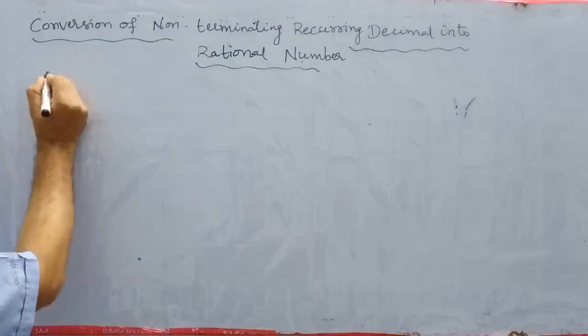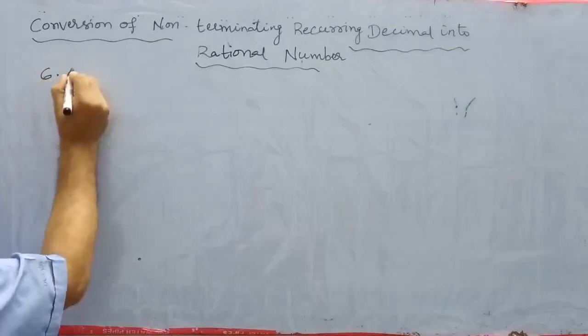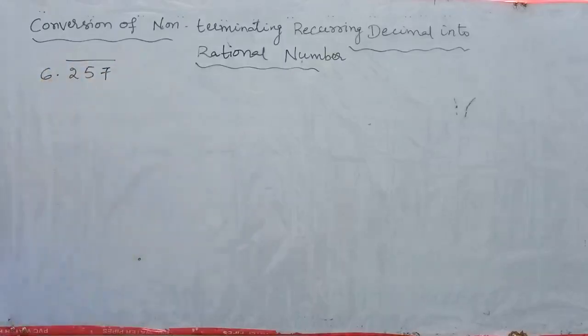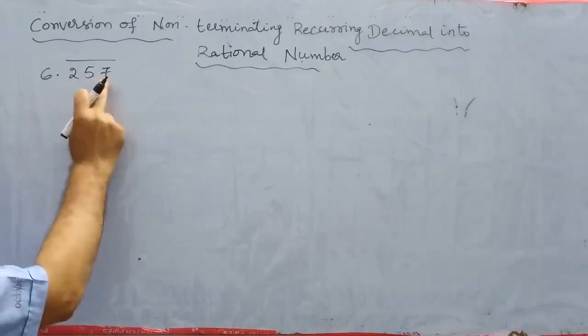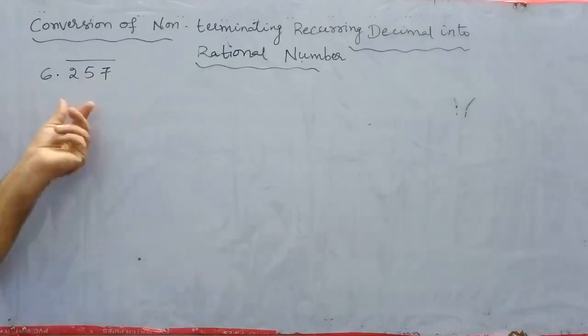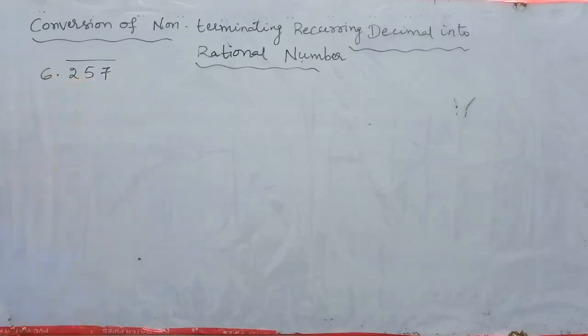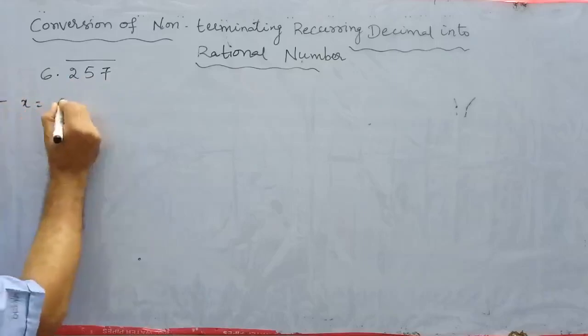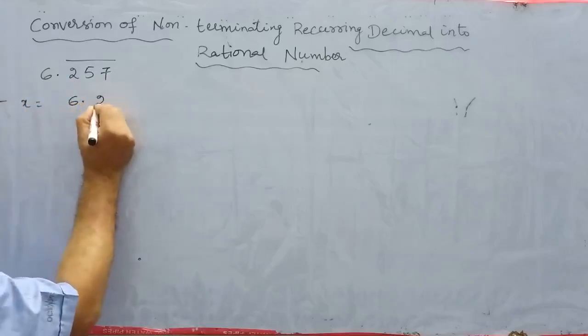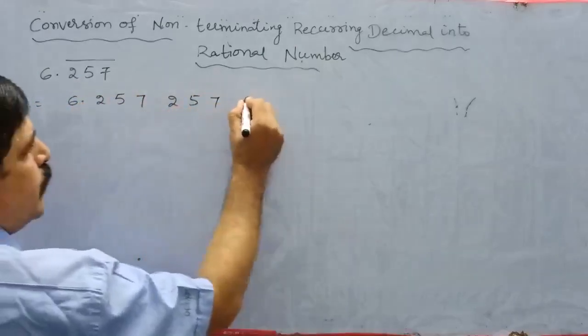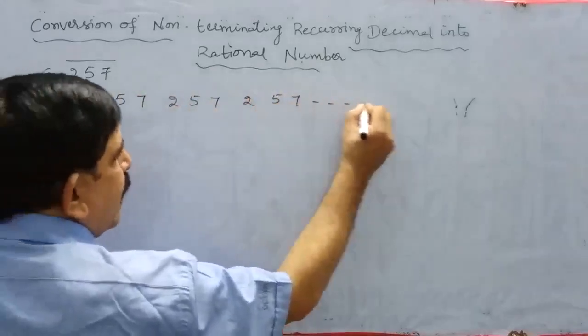Next question, 6.257 bar. Now what are the recurring digits here? 257. So the period is 257 and the periodicity is 3. Let x is equal to 6.257257257 and so on.